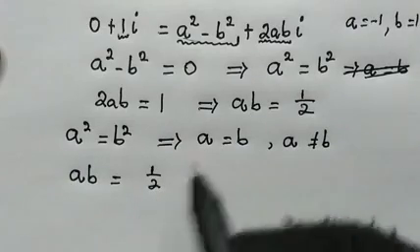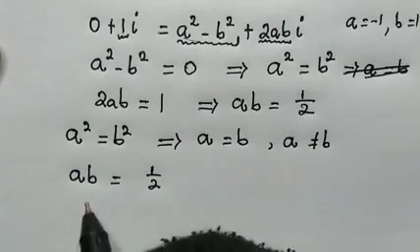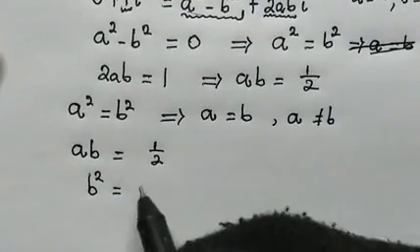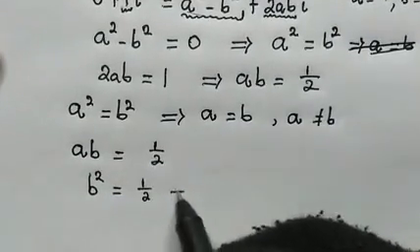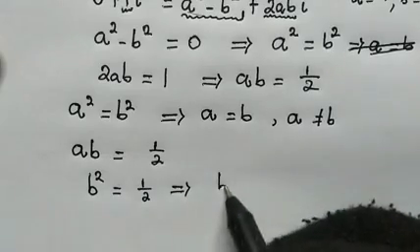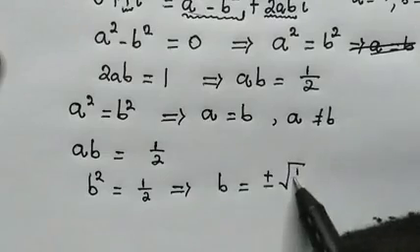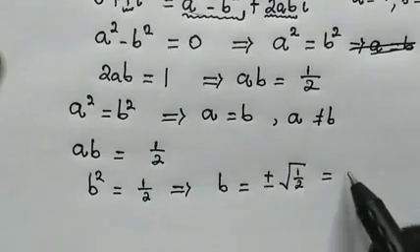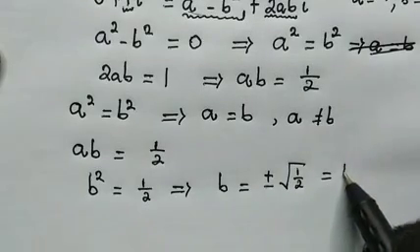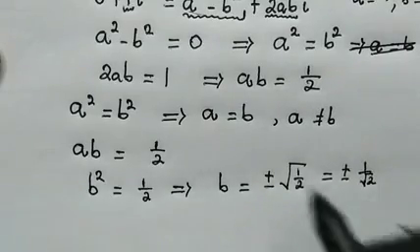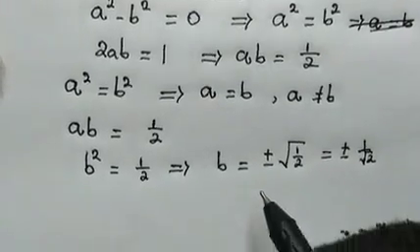So by so doing, we have a times b equal to 1 over 2. We substitute the value for a in terms of b, then we get b squared is equal to 1 over 2. Now when we take the root of both sides, we get b is equal to plus or minus the square root of 1 over 2, which we can write as plus or minus 1 over root 2, because the square root of 1 is 1.